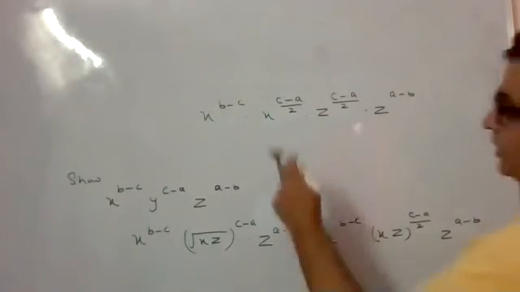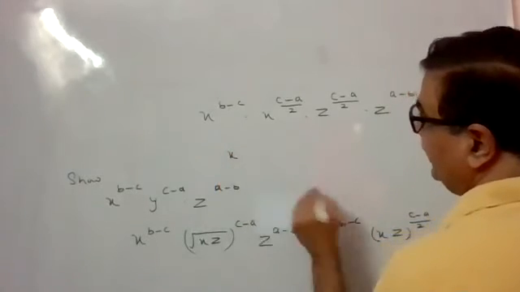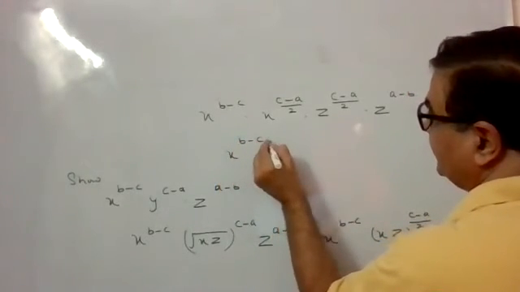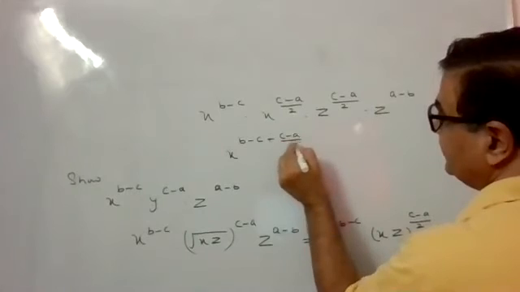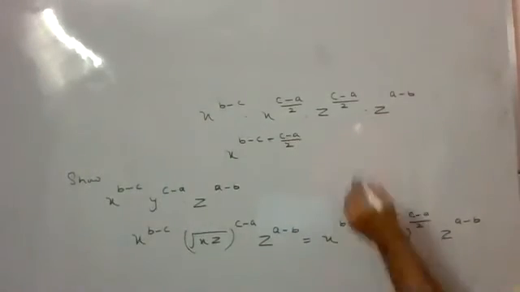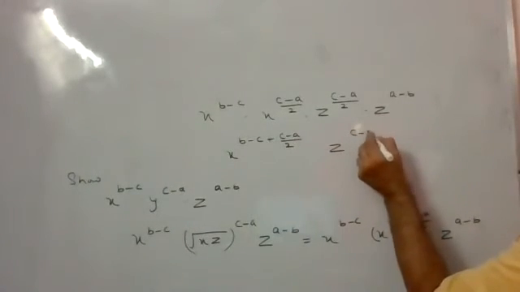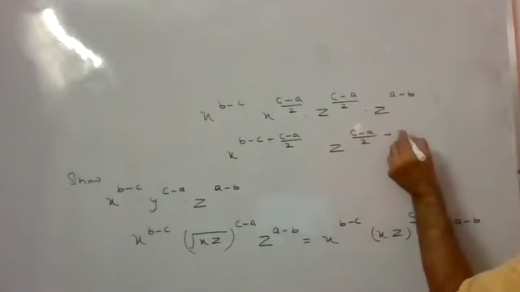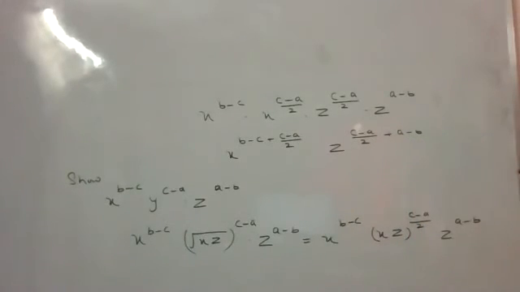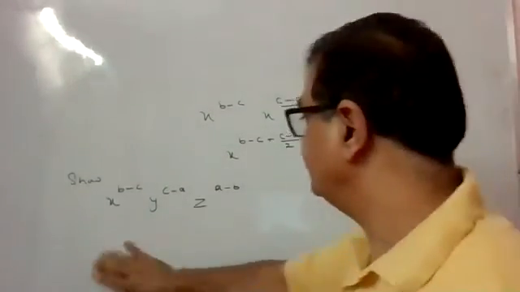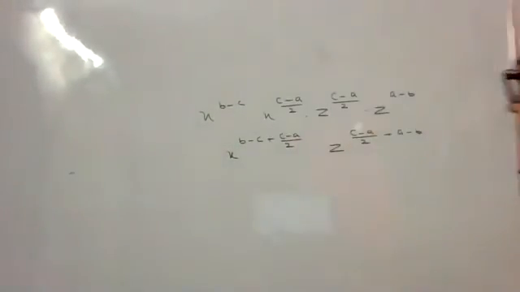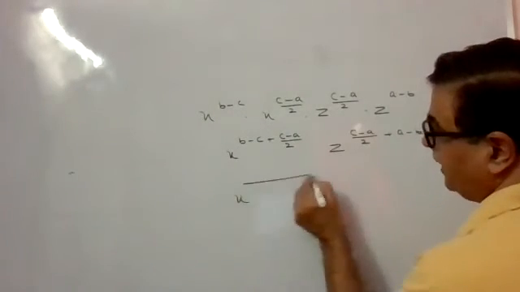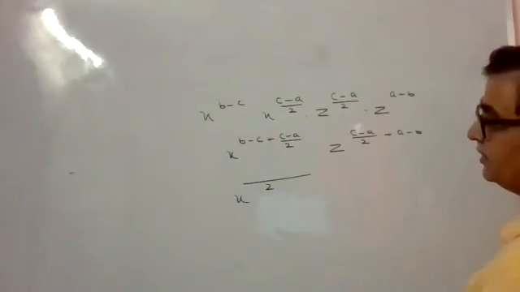Combine the terms of x. So x power, what it will come? b minus c plus c minus a by 2. And z power is c minus a by 2 plus a minus b. Is it right? Then we will write this with 2 as the LCM.